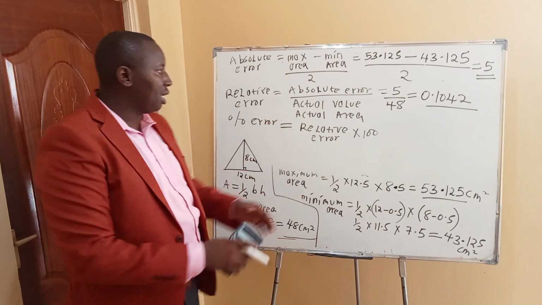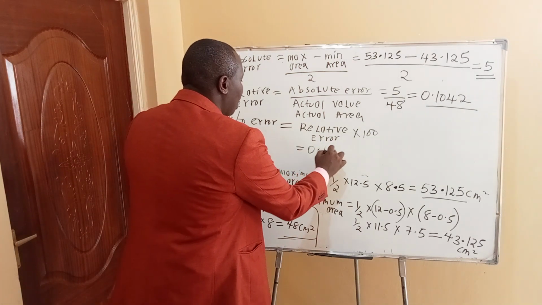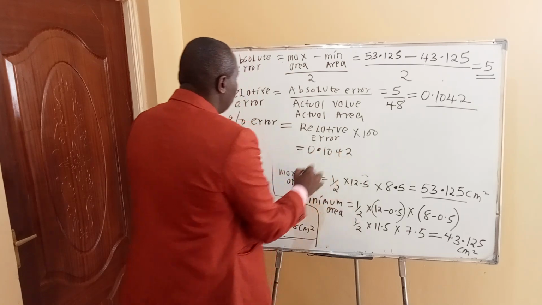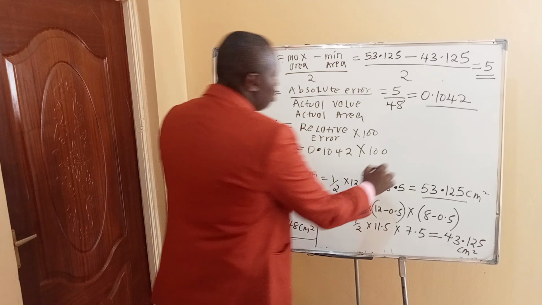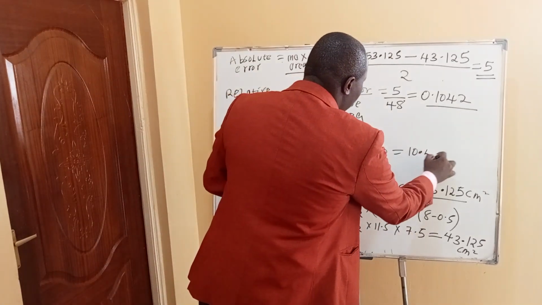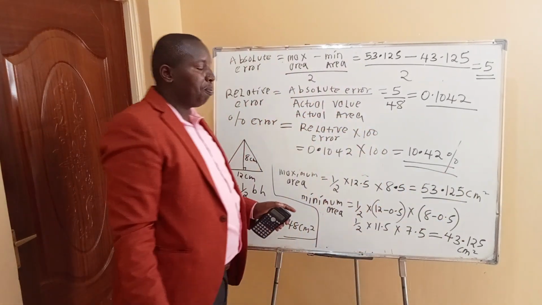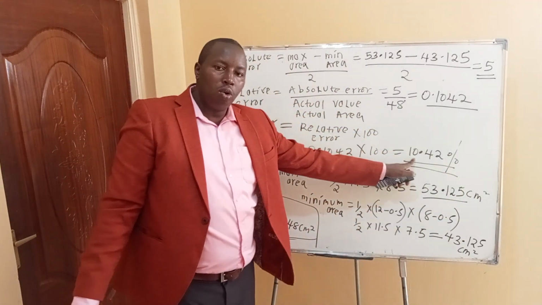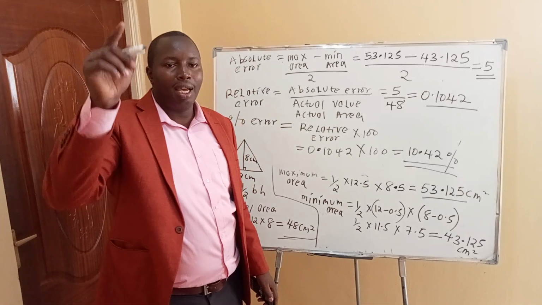Our relative error in this case is 0.1042. Then you multiply by 100, and you get your percentage error. So your answer is 10.42%. And that is how you solve a question on errors.